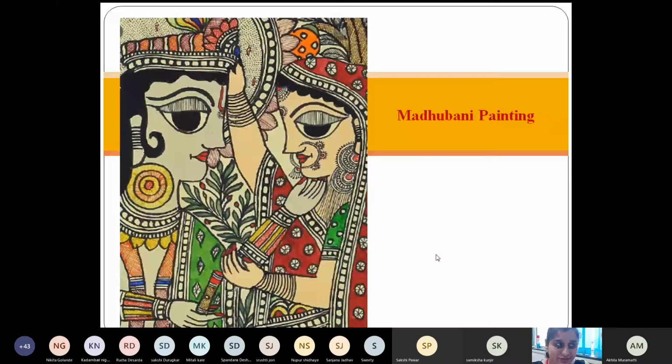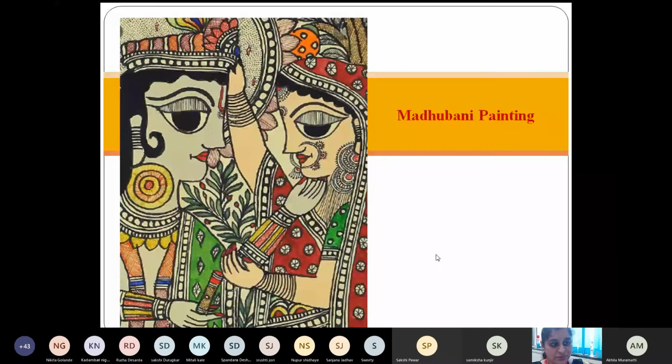The eyelashes, if you see, are also highlighted in the Madhubani technique itself, just with plain lines. Madhubani has to do only and only with lines. You can fill it with any form of lines and bold shades in combination.